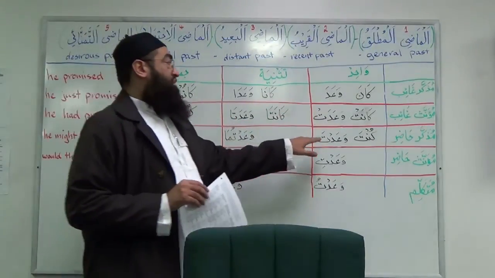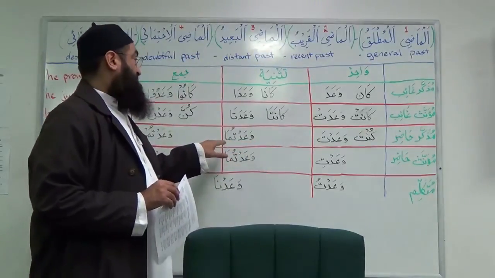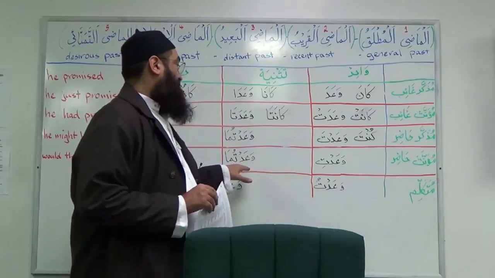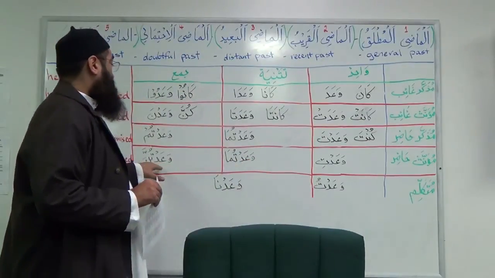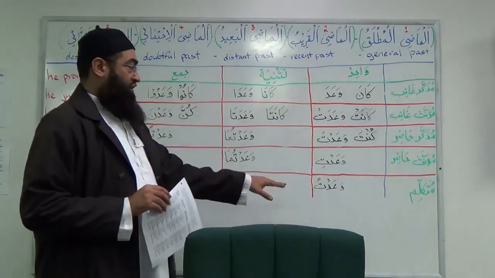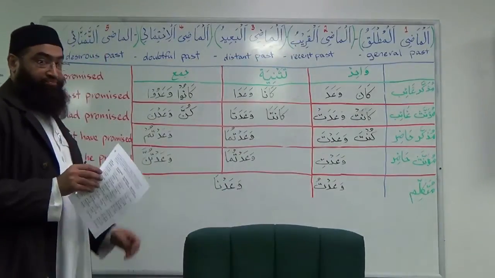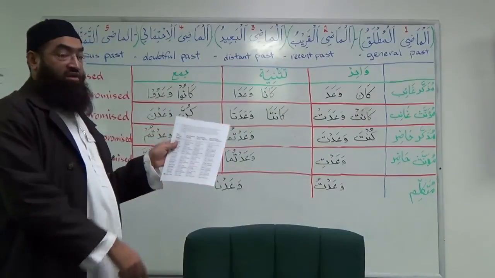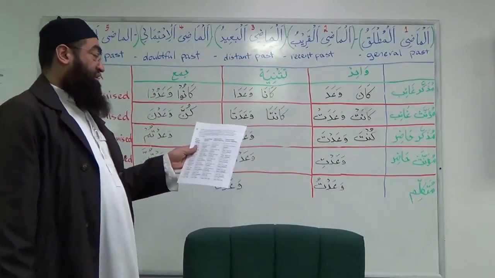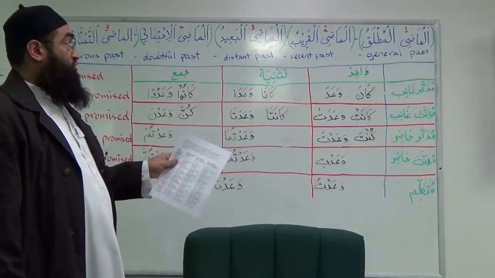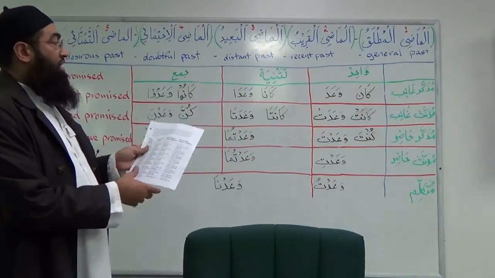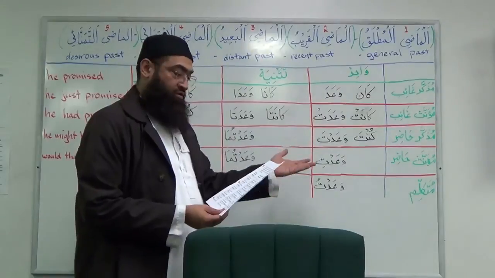wu'idna, kunta, wu'idta, kuntuma, wu'idtuma, kuntum, wu'idtum, kunti, wu'idti, kuntuma, wu'idtuma, kuntunna, wu'idtunna, kuntu, wu'idtu, and kunna, wu'idna. So it's also written here. The second line has the majhul form, and then the next two lines are with the manfi.